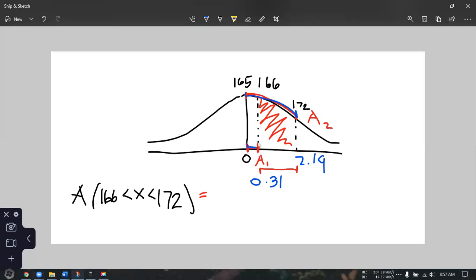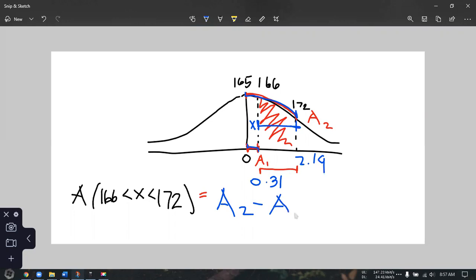So to find this area, all we have to do is to get rid of this side from a sub 2. That is basically a sub 2, the larger area, minus a sub 1.